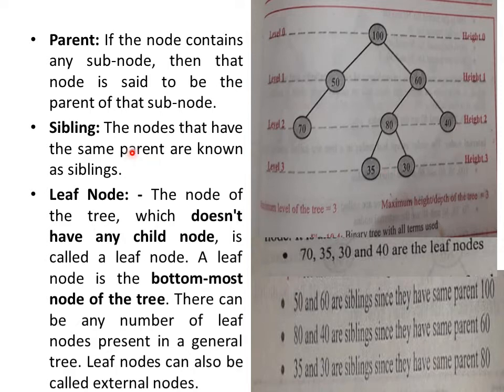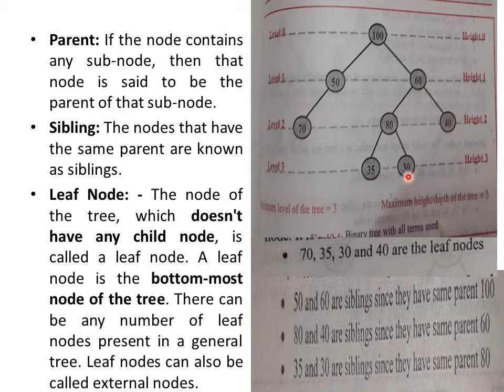Then what is a sibling? The nodes that have the same parent are known as siblings. Which are the parents? 50 and 60. Here you can see for this the parent is 100. Therefore 50 and 60 are the siblings under 100. And here you can see 80 and 40 are the siblings under 60.